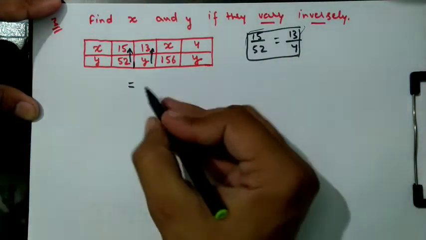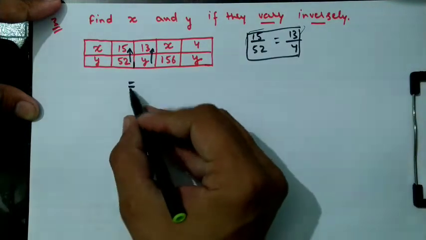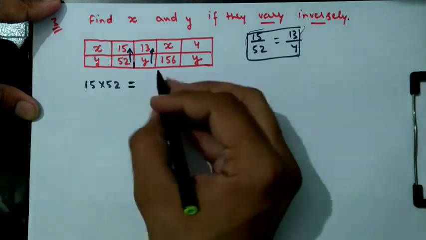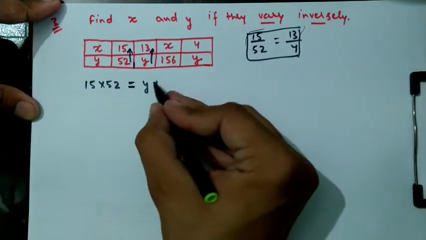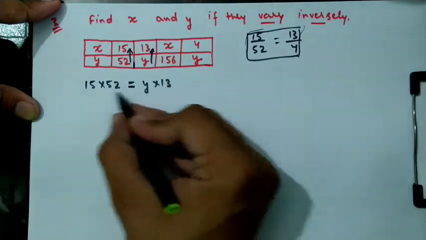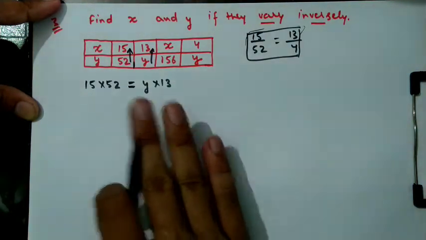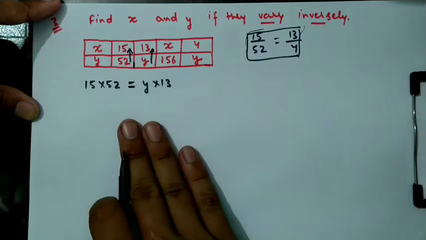So 15 multiplied by 52 is equal to y multiplied by 13. This is the method to find the inverse variation, right?